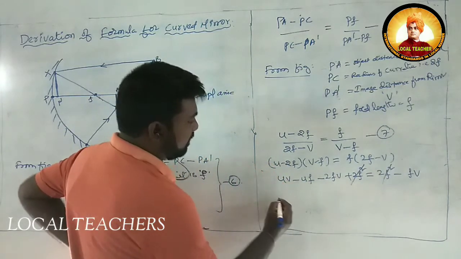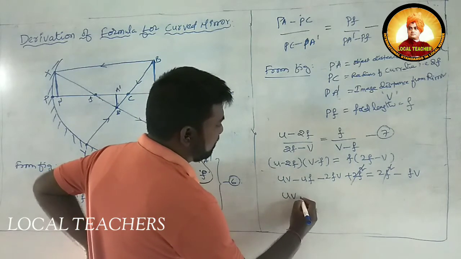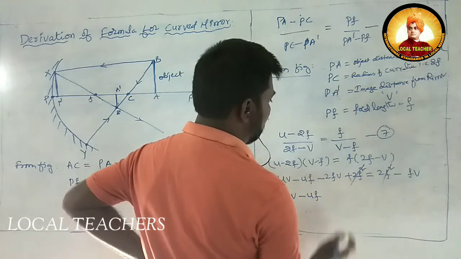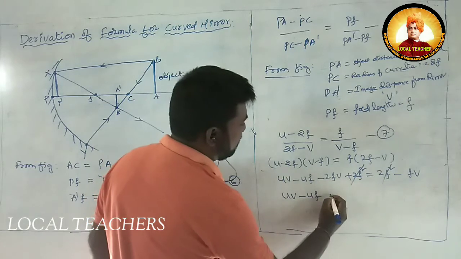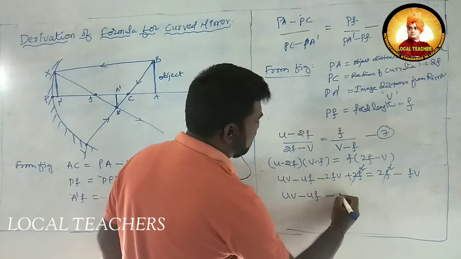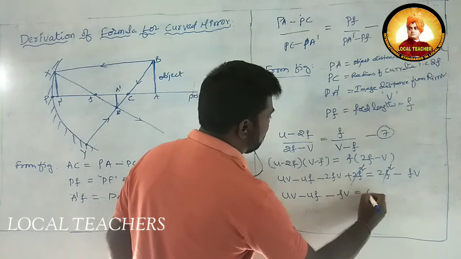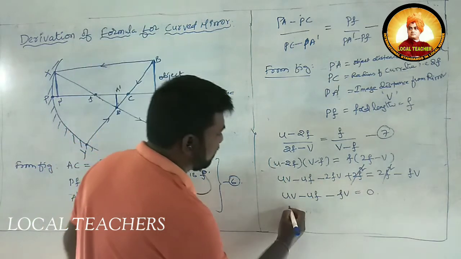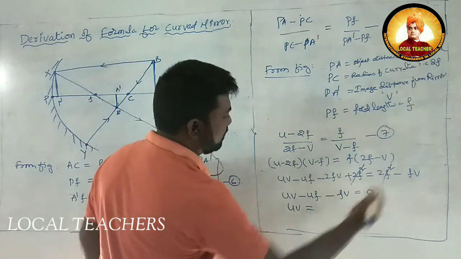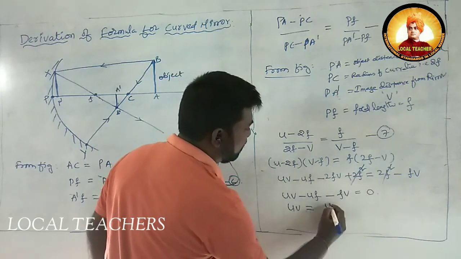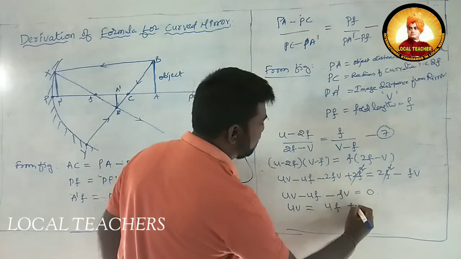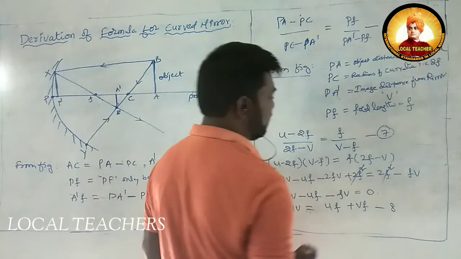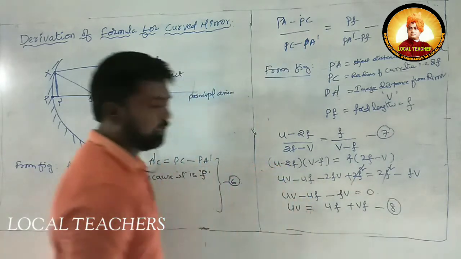So we can write uv minus uf minus 2fv plus fv equals 0, that is uv minus uf minus fv equals 0. So we can write uv equals, sending these to the right side, uf plus vf. Consider this is equation 8.